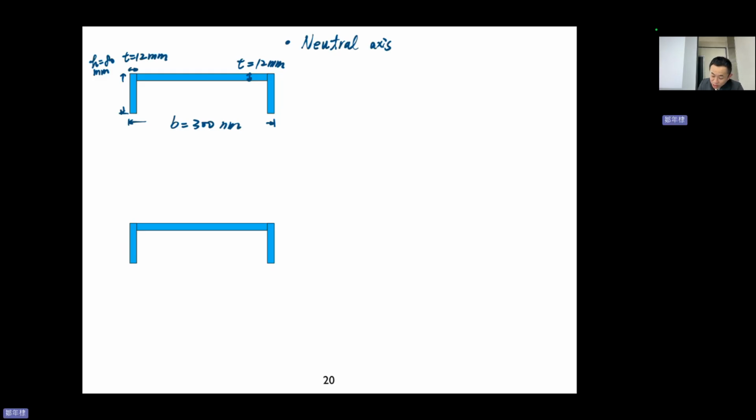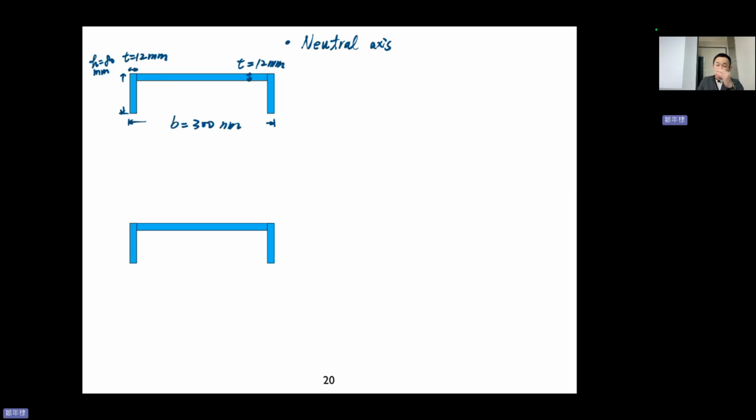Now, we need to determine the neutral axis of this cross-section area. It might be here or here or here. We don't know. So actually we are going to determine the centroid of this cross-section.